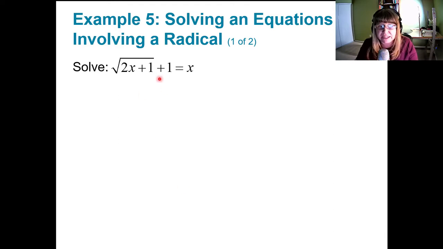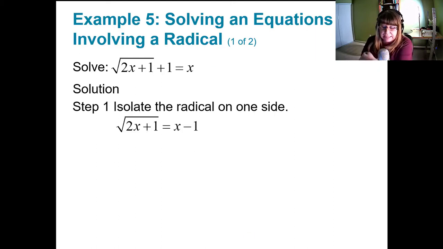Right now, we have this plus 1. We're going to get rid of this plus 1 by subtracting 1 from both sides so it moves over to the right-hand side. Then we're going to go through our procedure of blowing it up, working through it, and checking our possible solutions. Okay, isolate the radical.